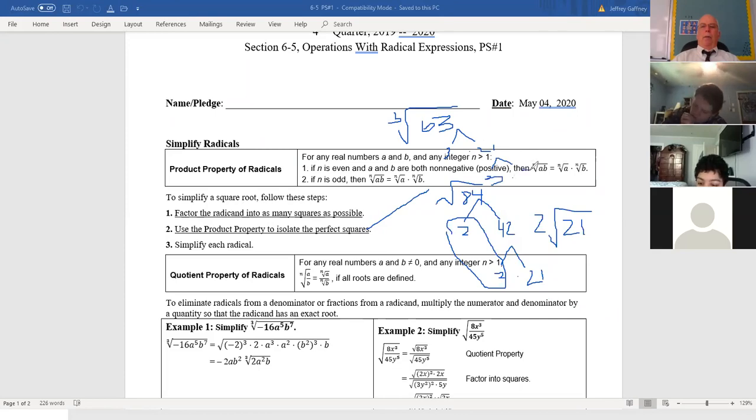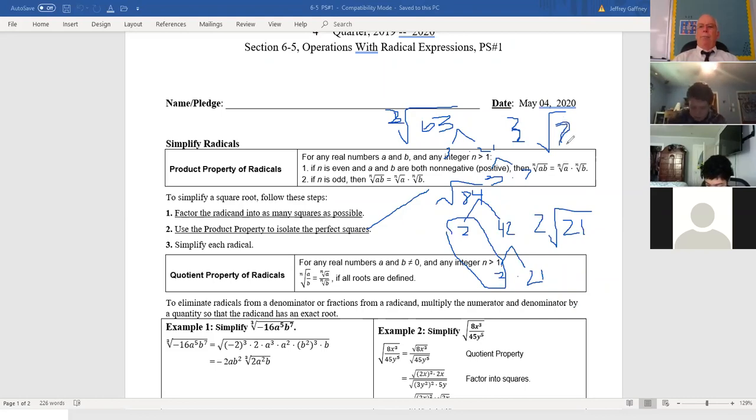I'm going to have to simplify things here. Let's not do cube root, let's do square root. So I got 3 squared, or 3 times 3, or 9 times 7 there. So I can simplify the square root of 63 as 3 radical 7.